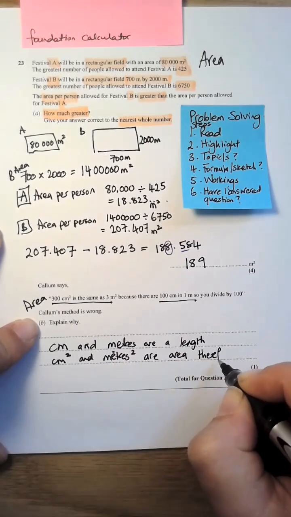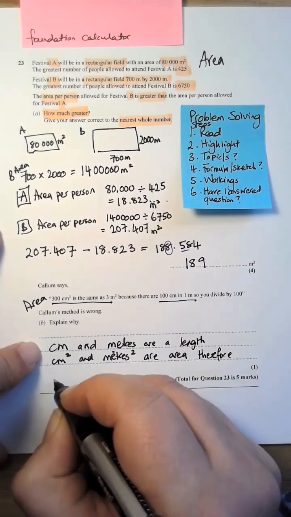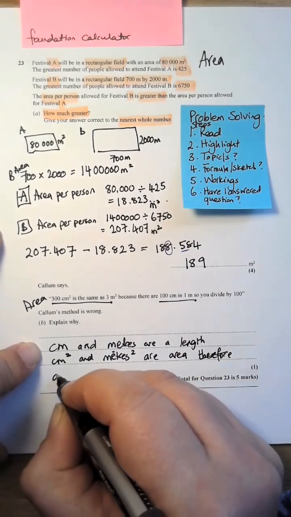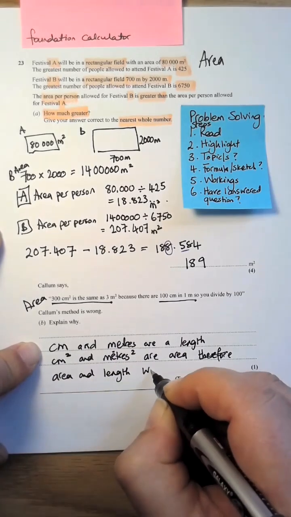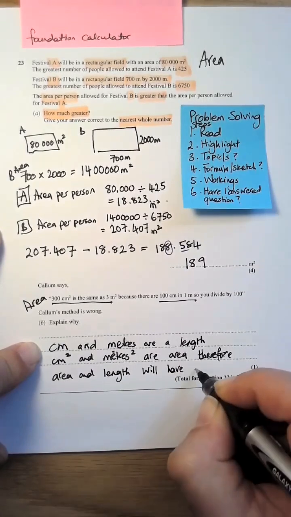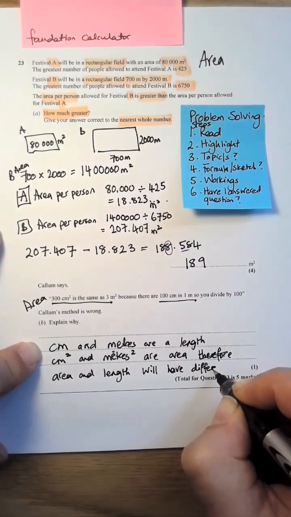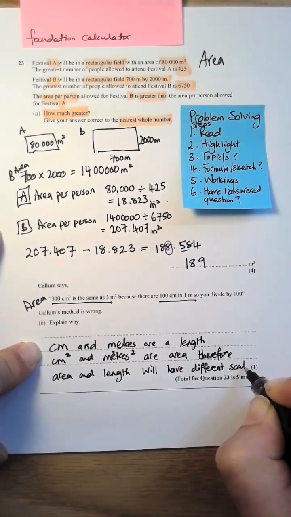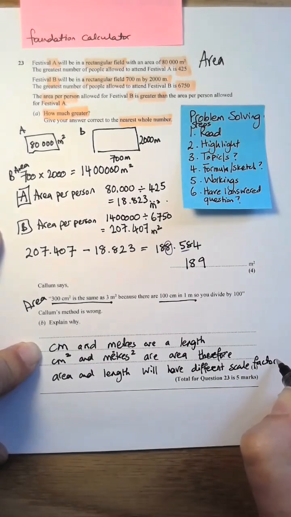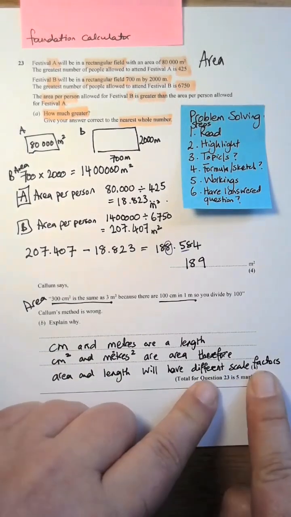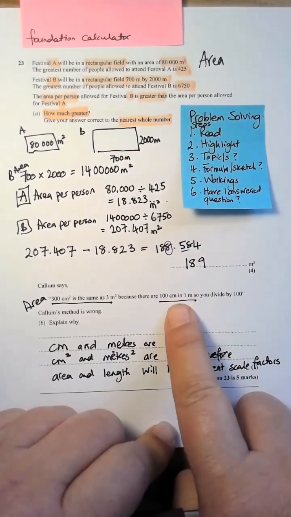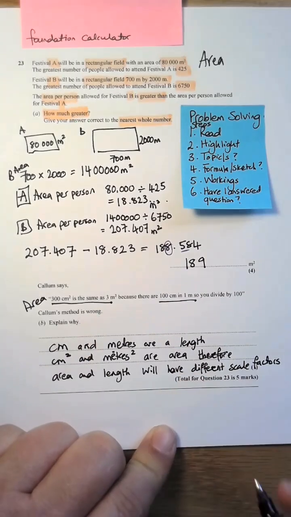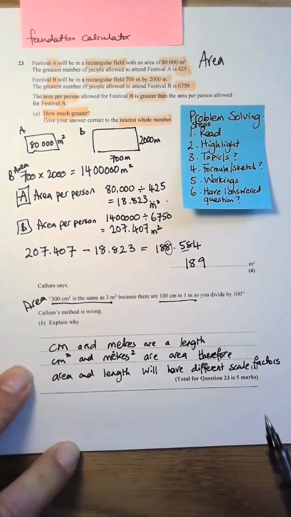Therefore, area and length will have different scale factors. Okay, it's about the different scale factors. That's what we are interested in most. It's useful to identify that this is the length scale factor, and we're dealing with area, but area and length will have different scale factors.